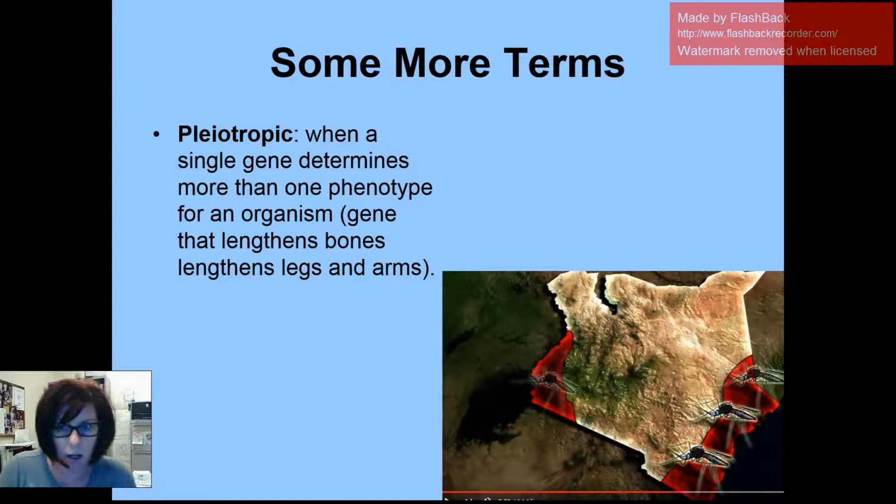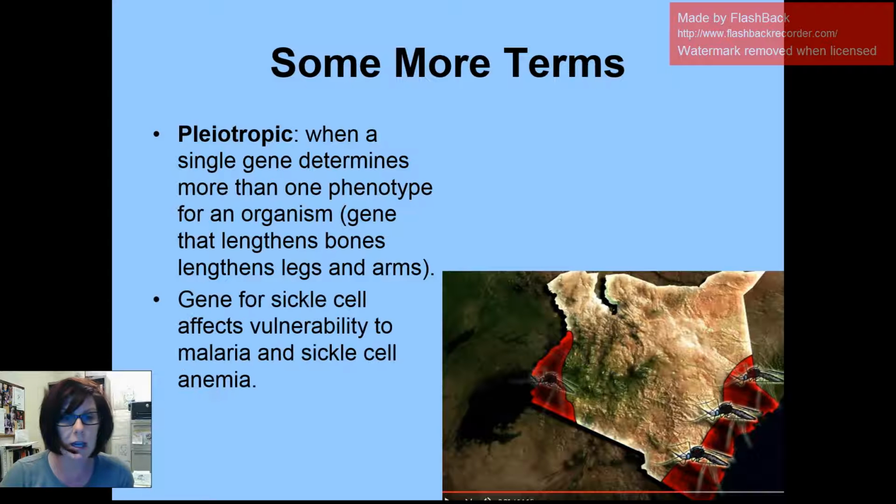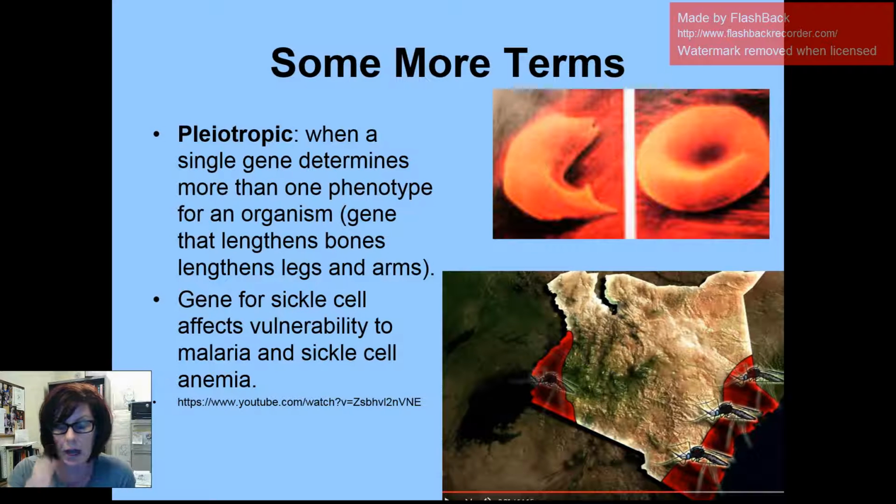Another example where you have one gene that affects multiple phenotypes is the gene for sickle cell anemia. Okay, so individuals that inherit sickle cell anemia, basically here you have a normal red blood cell. Okay, individuals that inherit two recessive alleles for sickle cell anemia, they're affected.